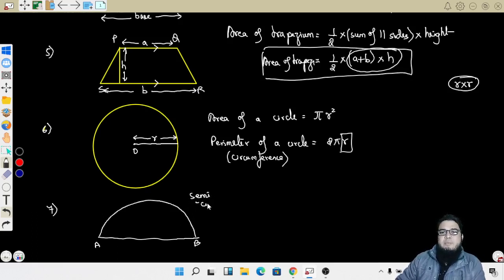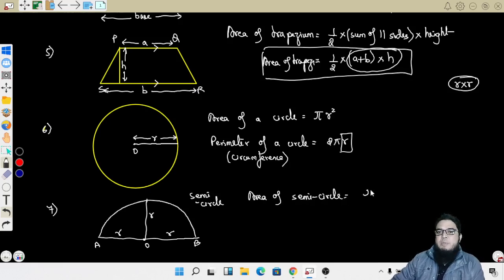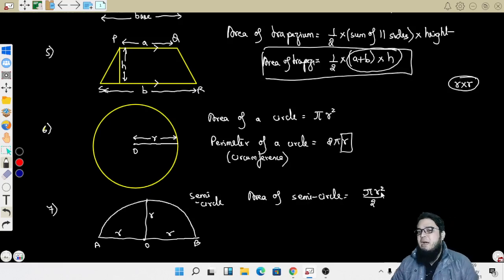I've not drawn it correctly, but this is the semicircle. This will be the center. Obviously, this will also be the radius r, this will be the radius r, this will be the radius r. So obviously the area of a semicircle, semi means half, is going to be pi r square by 2, that is, half of it.